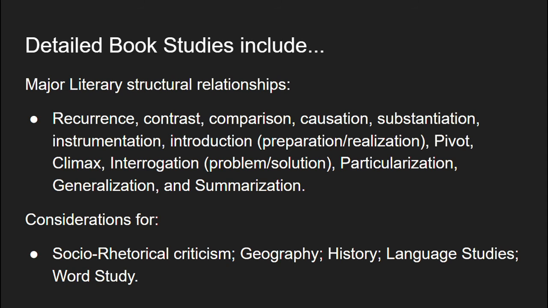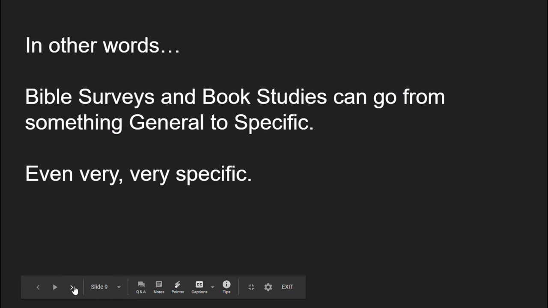How do they think as a first century Jew, etc.? You also want to take into consideration geography, history, language studies, and of course word study, which we talked about before. So in other words, Bible surveys and book studies can go from something very general to very specific, and even very, very specific.